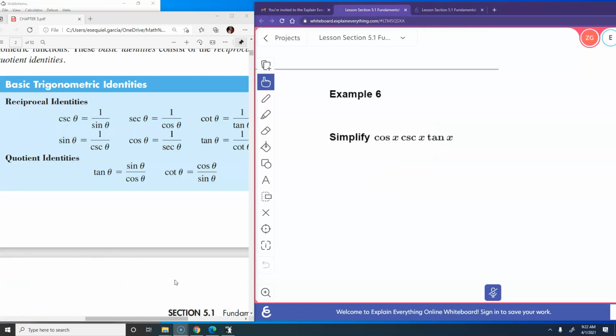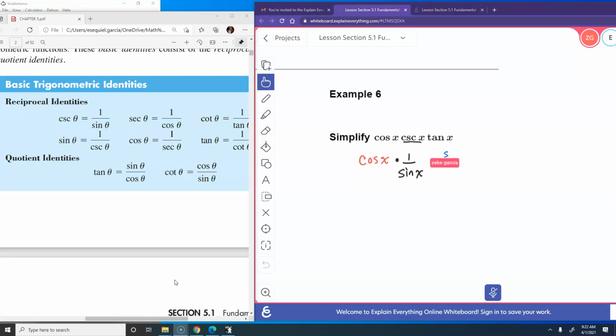I know that I have cosine theta, and I'm going to color it red. Cosine x. Cosecant x, I'm going to use black. Cosecant x, if you look at your trig identities, is the same thing as saying 1 over sine of x. And then look at tangent x.